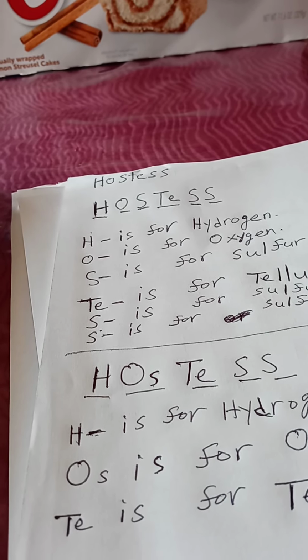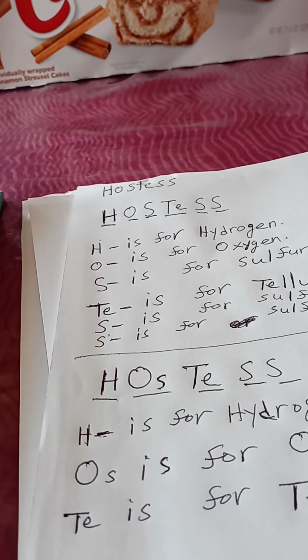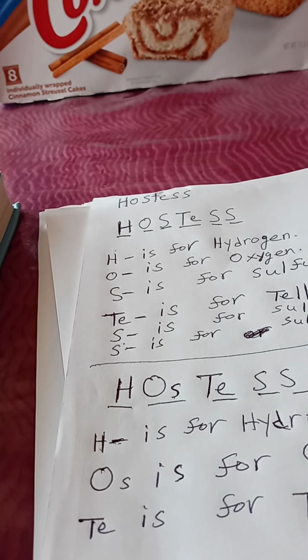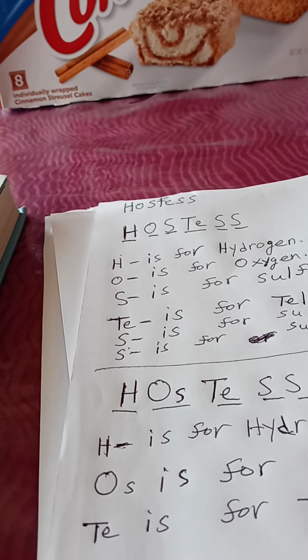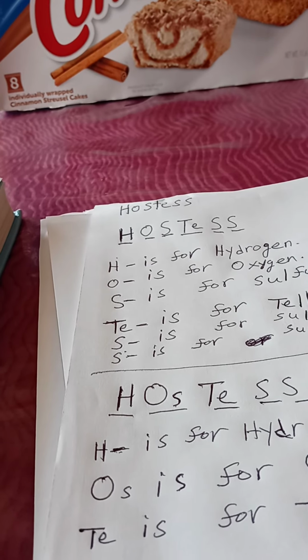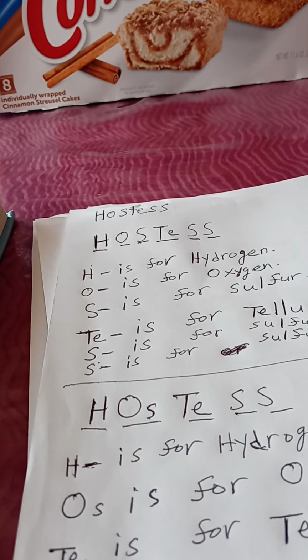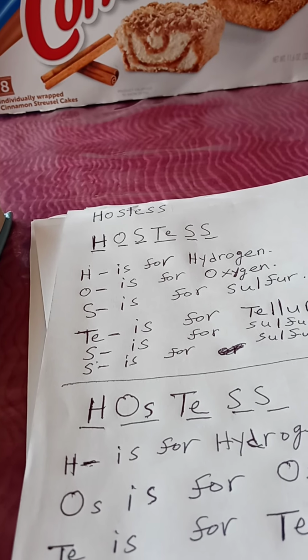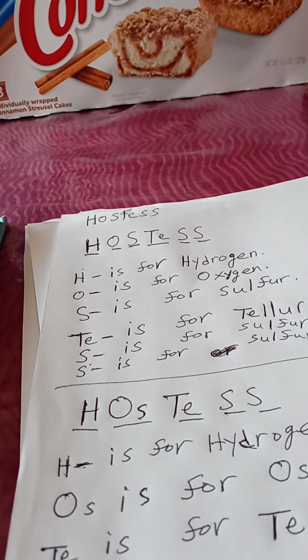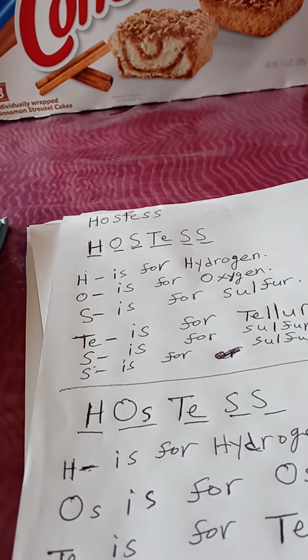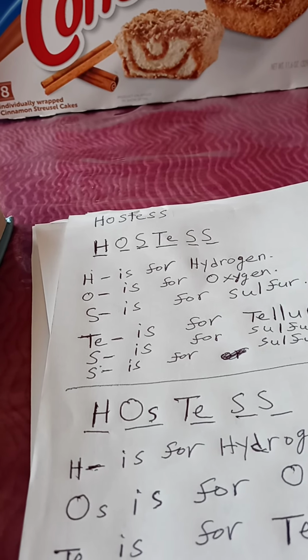A good way to study is by looking around you. All around you, there are signs and symbols and abbreviations and labels, brand names that have chemical symbols in them. You can start by pointing out each chemical symbol in the name.